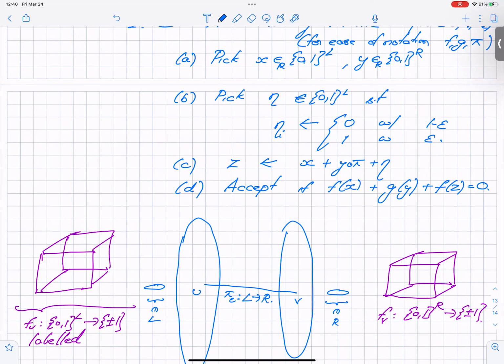Yeah. So it's going to make 3 queries here. It's going to query in this world: x here, x plus y of pi plus eta here, and y here. So it's going to make these 3 queries.